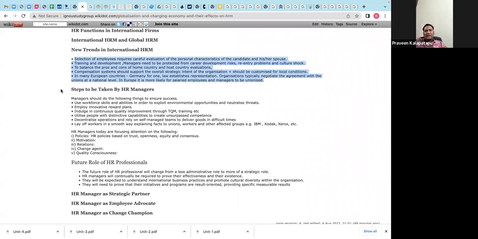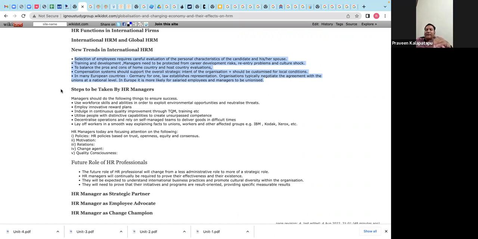The way you judge people, what it is saying is you have a host country, which is the country on the other international boundary, and the home country, wherever the head office is. You need to balance these evaluations. You can't really have the same evaluation across.